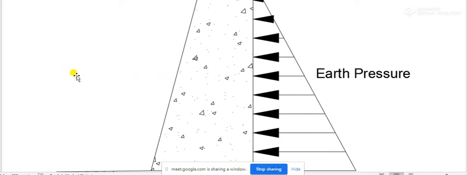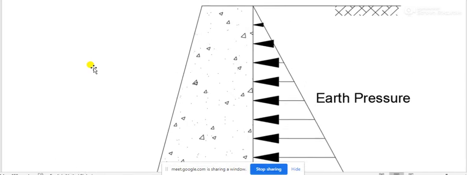If the retaining wall tends to move away from the backfill, then that pressure condition is active condition, or the pressure is called active earth pressure. And if the retaining wall is moving towards the backfill, then obviously the pressure condition is called passive condition, or the passive earth pressure. That pressure is called passive earth pressure.